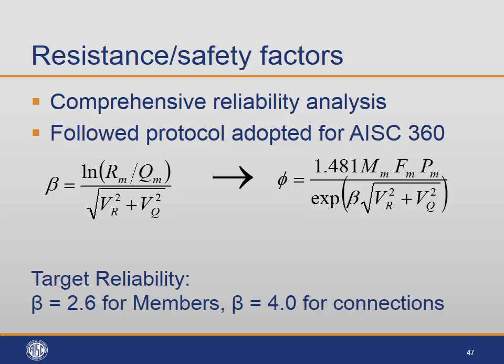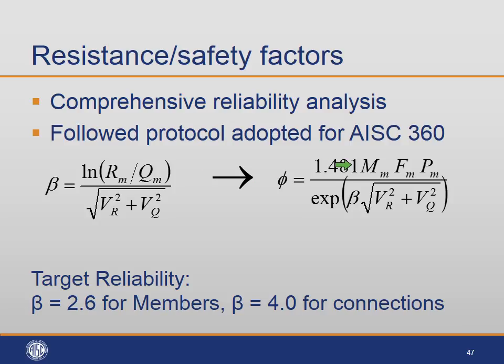And from these expressions you can see that the reliability index is related to the mean value of resistance, and the mean value of the load effects, and the coefficients of variation of the resistance and the load effects. And from that expression you can calculate the resistance factor.